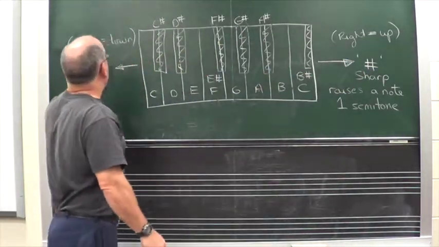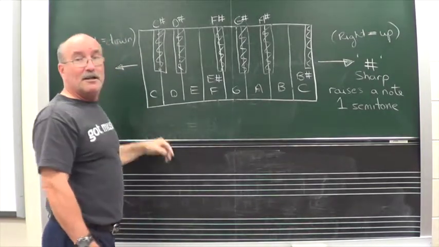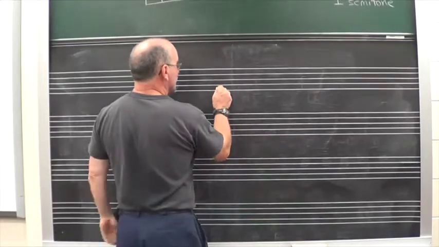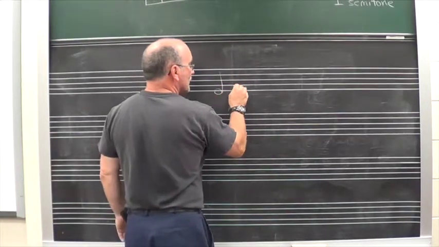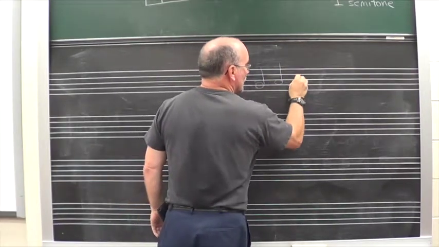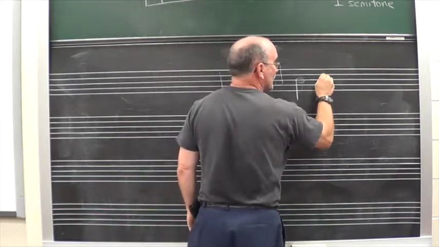If you're going down in music, well then the stem would be on the left side. Just to remind you, if it's on the right, the stem goes up. If the stem is on the left, then the stem goes down.